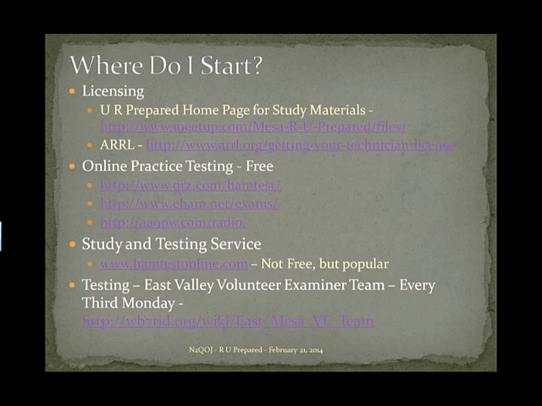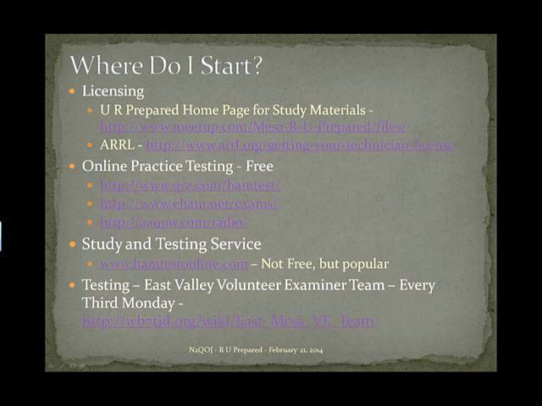So let's say you have an interest in ham radio and getting your license and so forth. Where do you start? Well, remember, for licensing information, access the resources in the meetup.com files area. There's information there on the study guides.